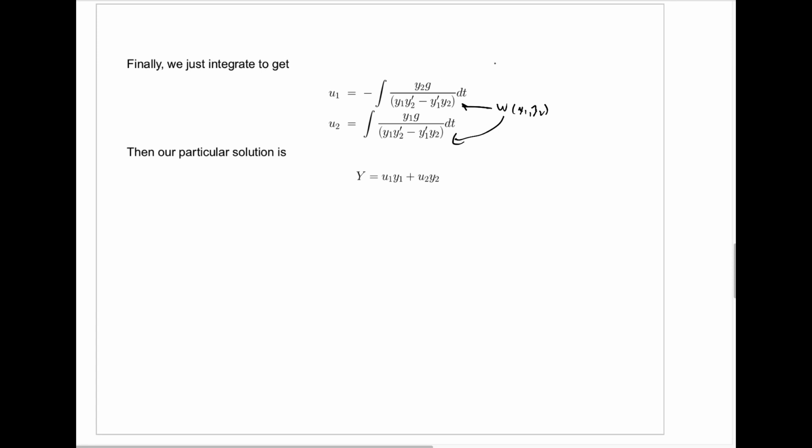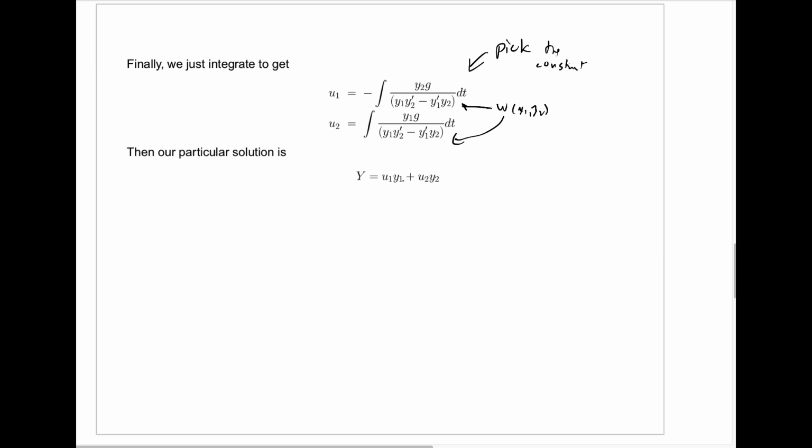Notice when we're evaluating these integrals, the integrals come with an arbitrary constant associated with them. We don't need to worry about writing plus c here. We can just pick any value of the arbitrary constant we want, and use any choice for u1 and u2.